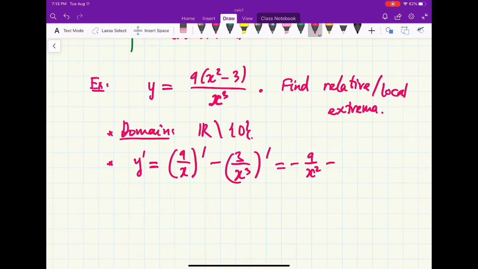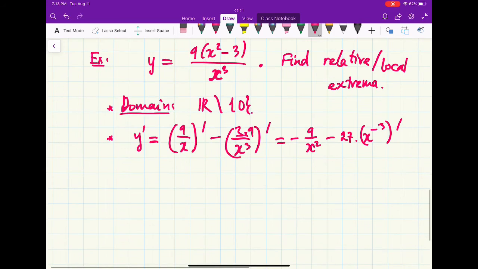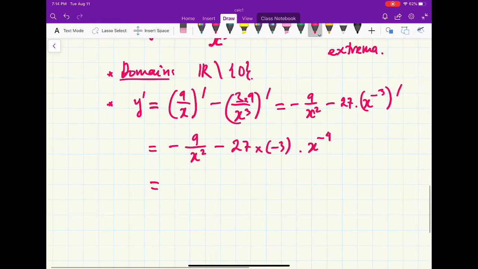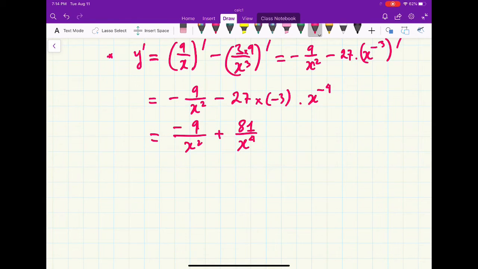For the second one, 3 times 9 gives negative 27 x to the negative 3 derivative, so I have negative 9 over x squared plus 81 over x to the 4, because negative with minus gives plus.